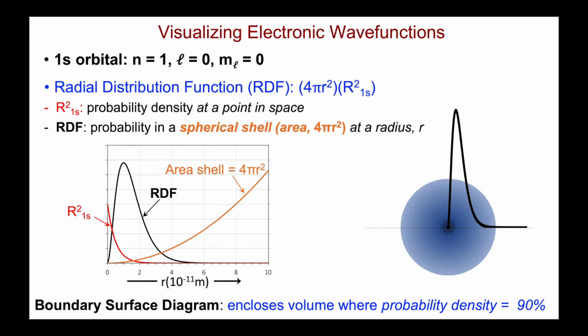Finally, we have the boundary surface diagram, which encloses the volume where the probability density is 90%. This is actually a fancy version of the BSD, because in addition to showing the shape, my shading also represents the change in the probability density with distance. That's usually not included in the BSDs we often see.